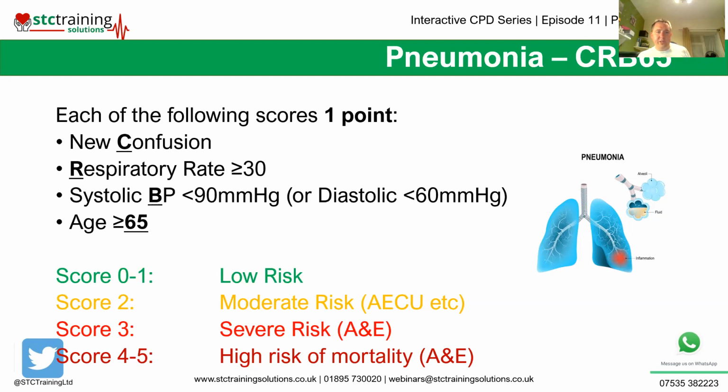You get 1 point for each, and a score of 4 is the maximum. It says 4 to 5 because actually it's the CURB-65, but we can't measure the U part of it pre-hospitally, so we often just use the CRB-65. So the maximum score you can get from that is 4, and that determines how quickly you take them to hospital and to what extent the pneumonia has really set in.